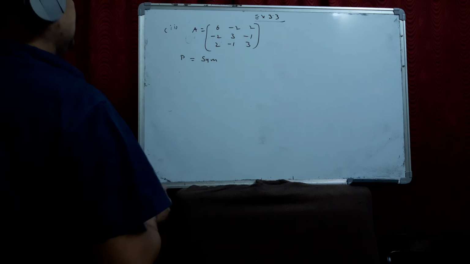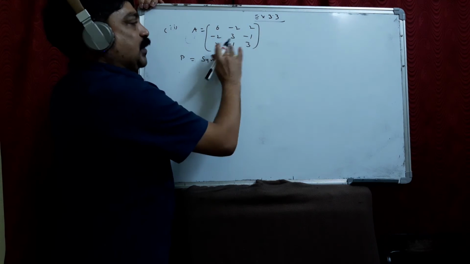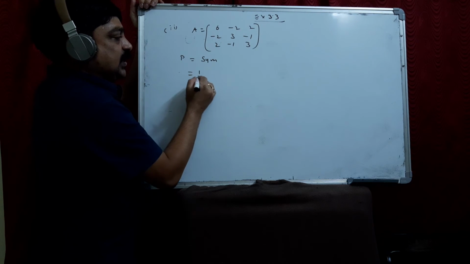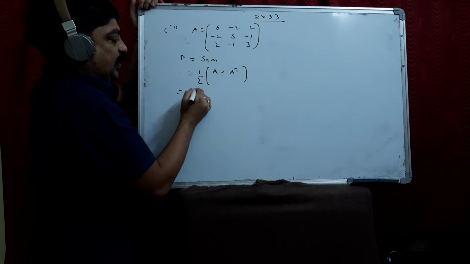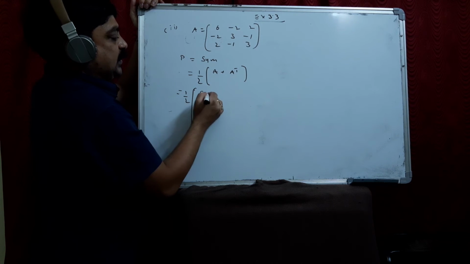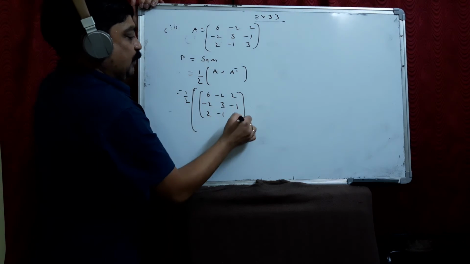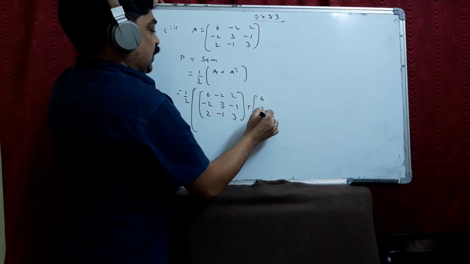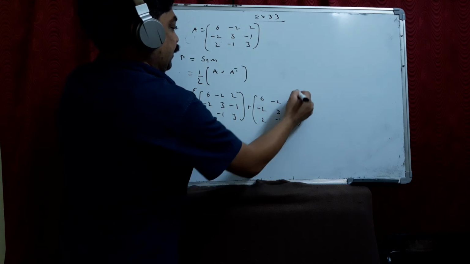See, let us do it for 3 by 3 also. P is a symmetric and you have to write it as P plus Q. P is symmetric. Symmetric is 1 by 2 of A plus A transpose. Okay. So 1 by 2 of A, 6 minus 2 2, minus 2 3 minus 1, 2 minus 1 3, plus A transpose, 6 minus 2 2, minus 2 3 minus 1, 2 minus 1 3. Okay.